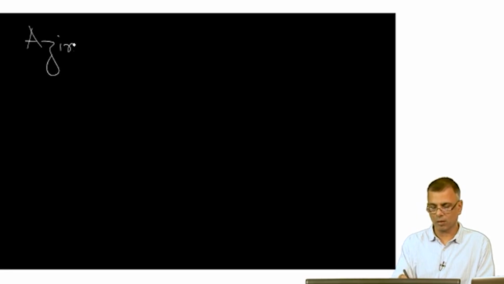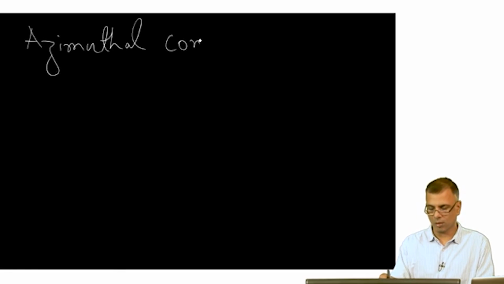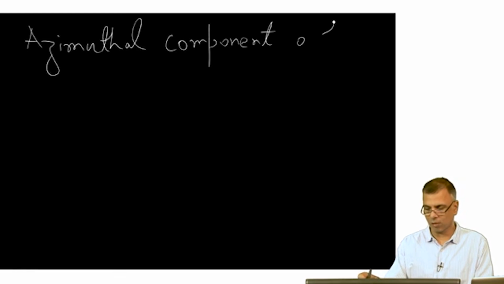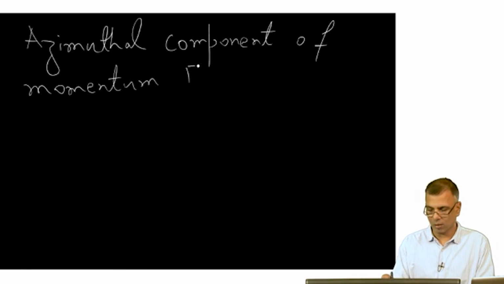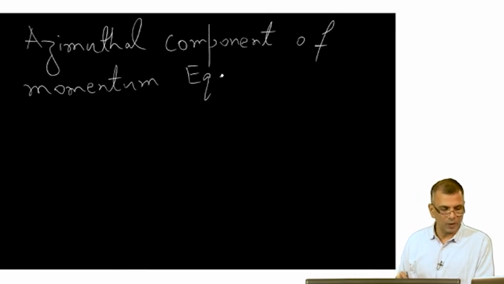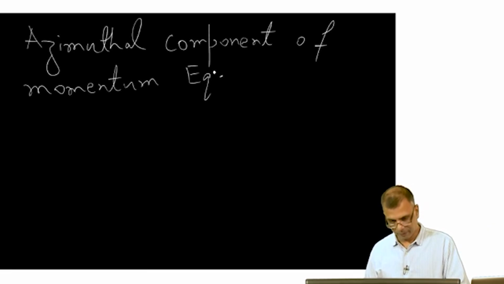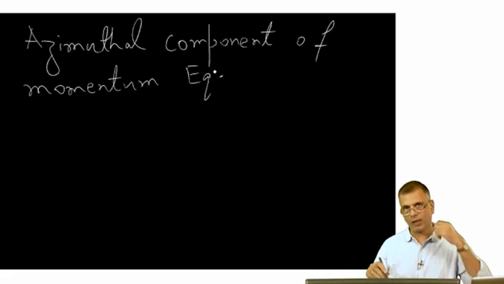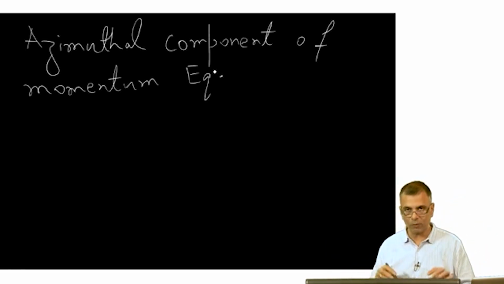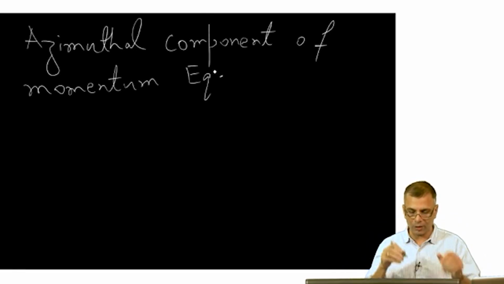Now, the azimuthal component, this is a very important component, and the azimuthal component of the momentum equation, this involves viscosity. Okay. Why is that? Well, you see, suppose you were looking top down, and we will not write down the equation right at the moment, but suppose we were looking top down on the accretion disk, right?